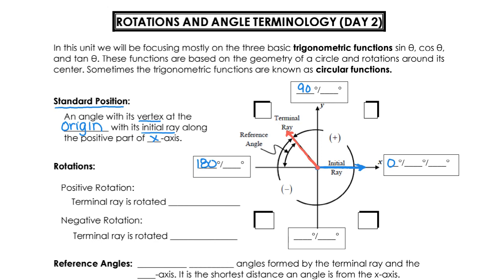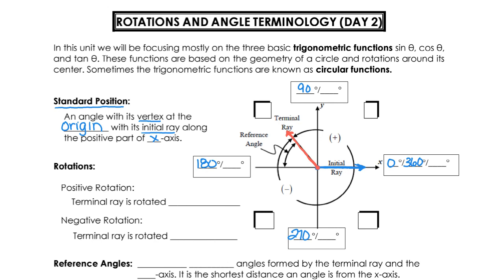If that terminal ray is pointing down, then that angle measures 270 degrees. If that terminal ray has made it all the way around and it's back to where the initial ray is, then that measures 360 degrees.